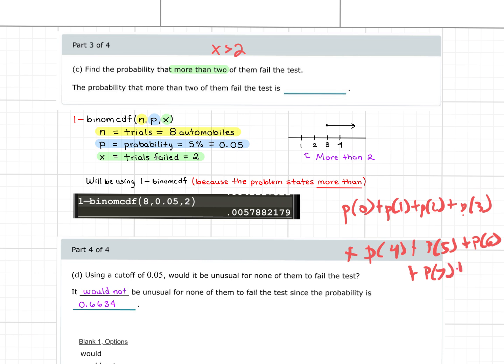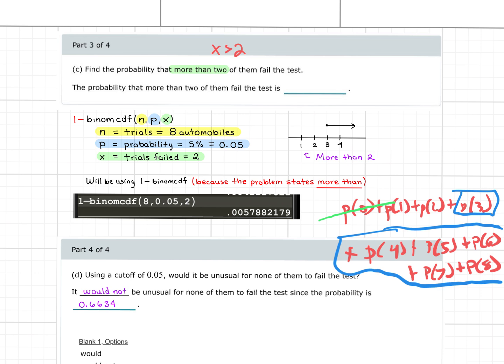This is an overkill, but to really help you understand, I'm interested in all these 3, and I'm interested in all these right here. These are the ones that I want. So what you're telling your calculator when you do the 1 minus is you're saying get rid of all these right here. That's what you're doing when you do the complement, the 1 minus, okay?